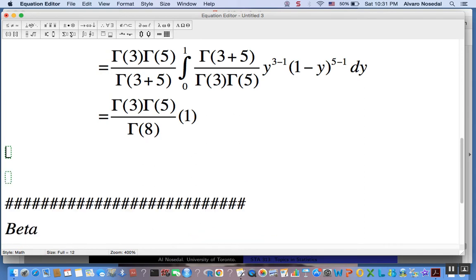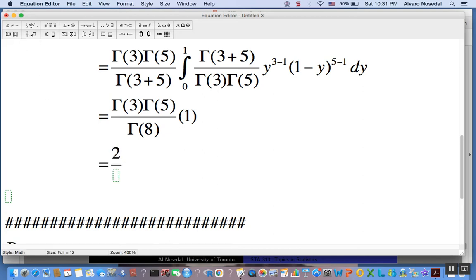Now, using what we know about gamma functions evaluated at integers, gamma evaluated at 3 is the same as 2 factorial. The other one is going to be 4 factorial. The one at the bottom, 7 factorial. Make sense? Okay.